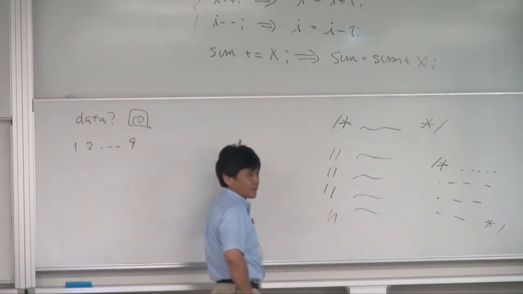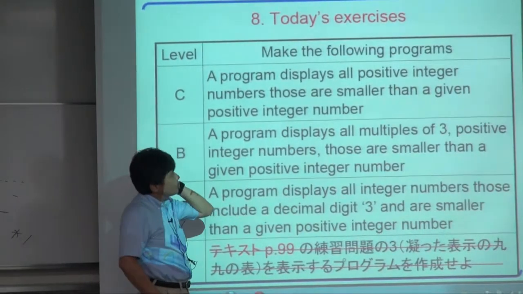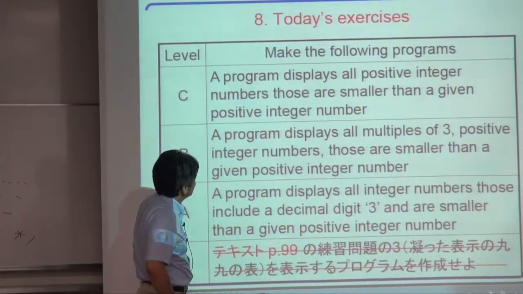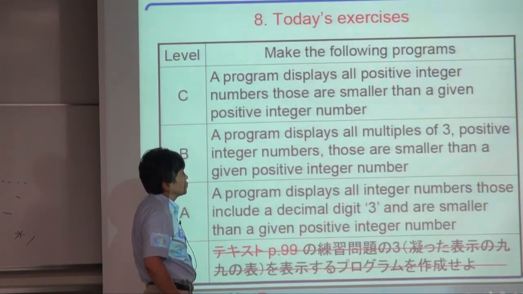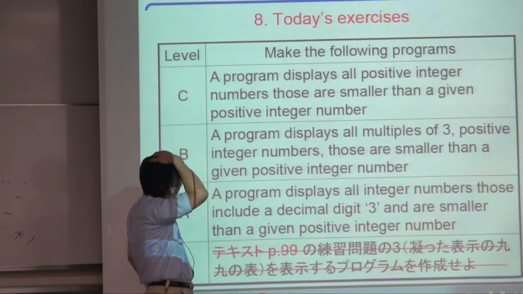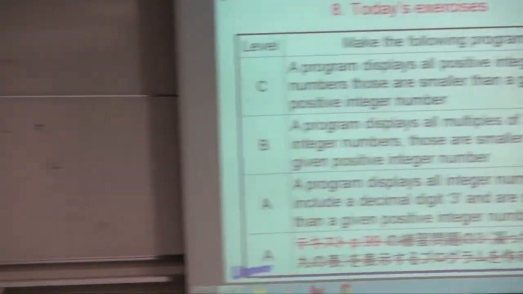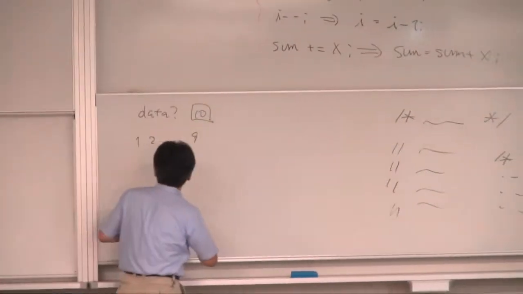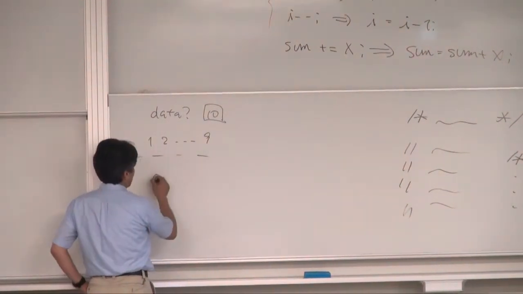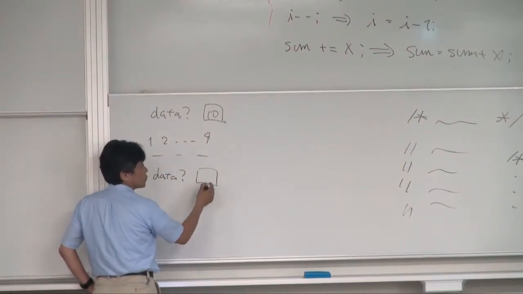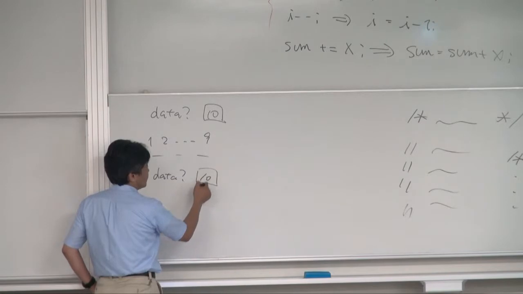Can you understand? The second program displays all multiples of 3, positive integer numbers that are smaller than a given positive integer number. You enter, for example, 10.